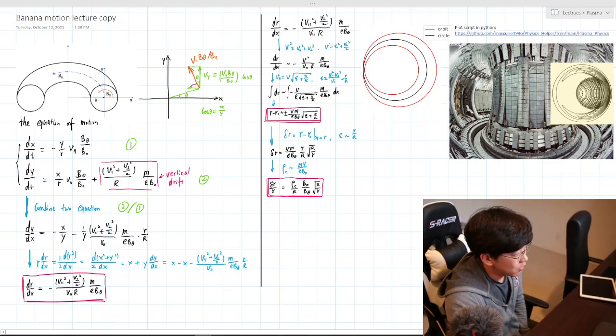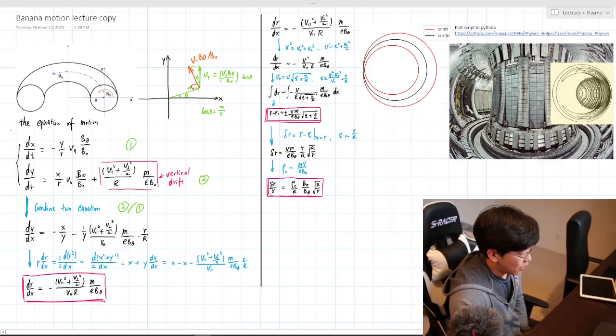Since this angle is 90 degrees, because the velocity is along B theta, Vy can be described as this velocity multiplied by cosine theta, where cosine theta is x over r. Then we can describe the velocity along the x-axis as such, and the y-axis like this.